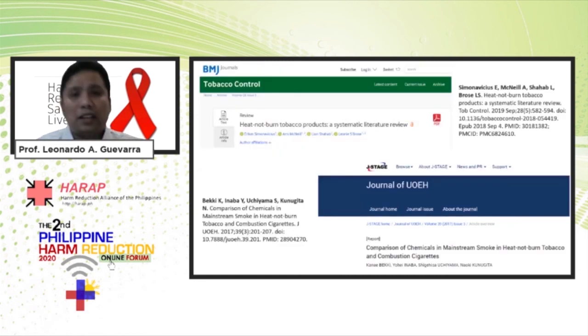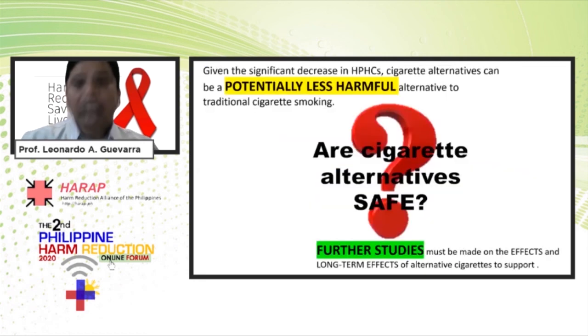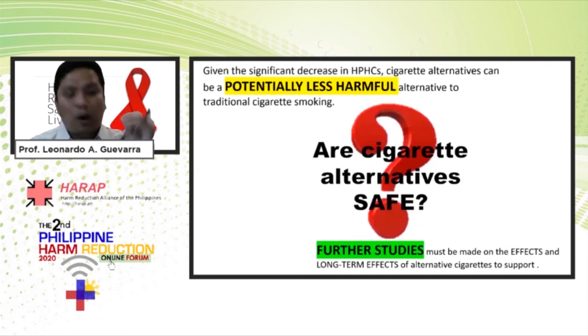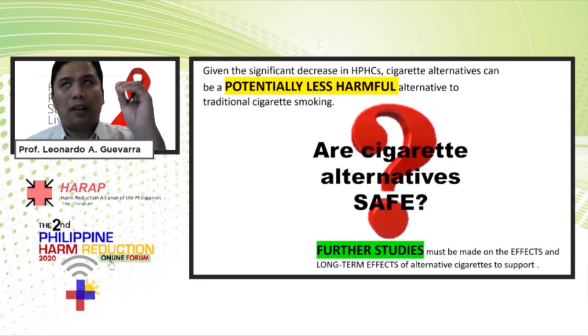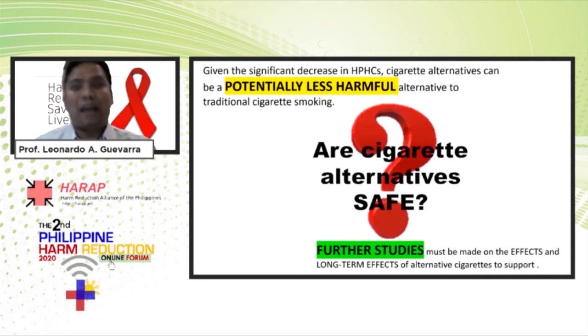For you to understand its safety, several publications have already been made on the use of these alternative smoking products. As a biochemist, my perspective on alternative cigarettes as safe is this: because it has greatly reduced the amount of toxic substances, we can say that it is a potentially less harmful alternative to traditional cigarette smoking.